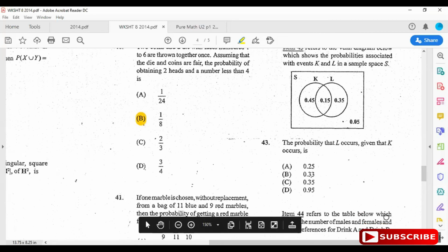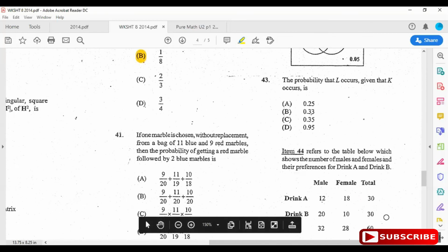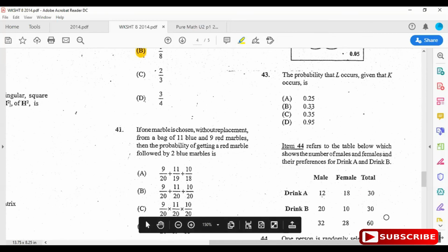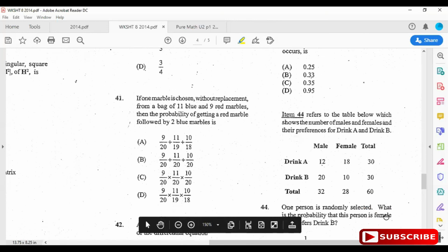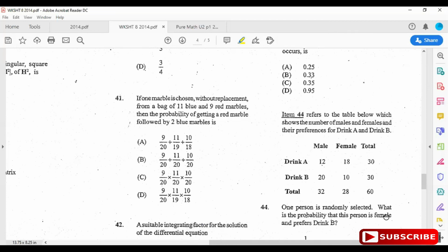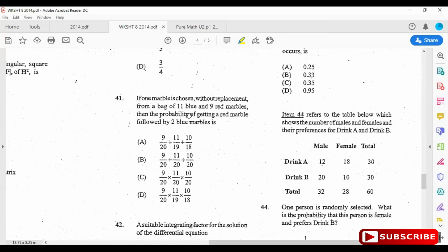All right, question 41. Question 41 says that if marbles are chosen without replacement from a bag of 11 blue and 9 red, then the probability of getting a red marble followed by 2 blue marbles is, so first and foremost, we need to get a red first. We have 20 in the bag. So the probability of getting red is 9/20. That's the first thing.